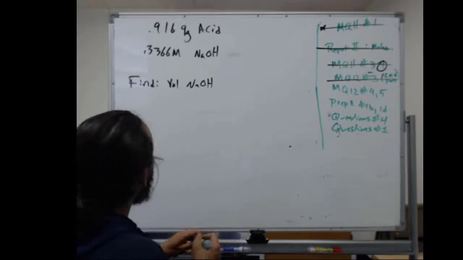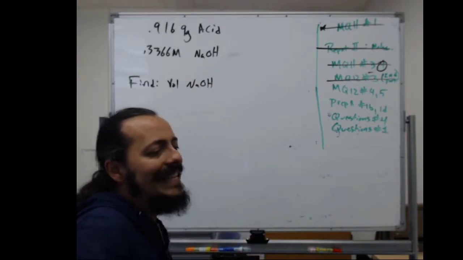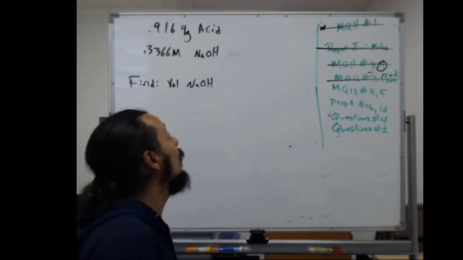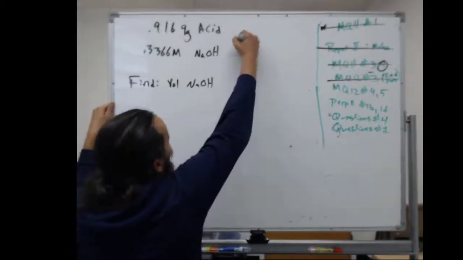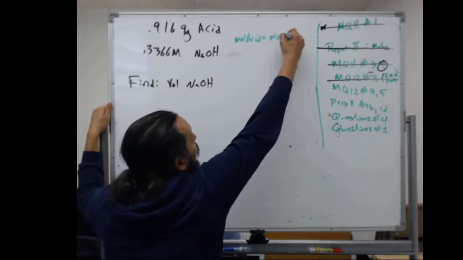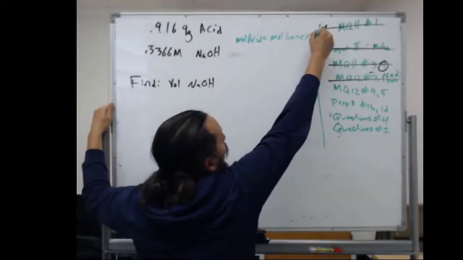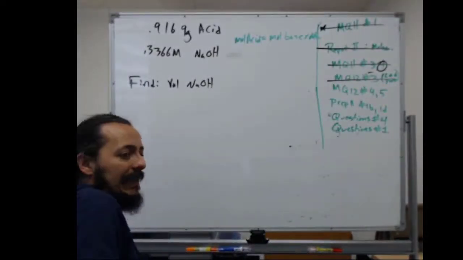So when we look at this, there's a couple important things in the problem. It specifically says equivalence point is reached. So that means my moles of acid equals my moles of base, with whatever mole ratio is necessary in the chemical reaction.